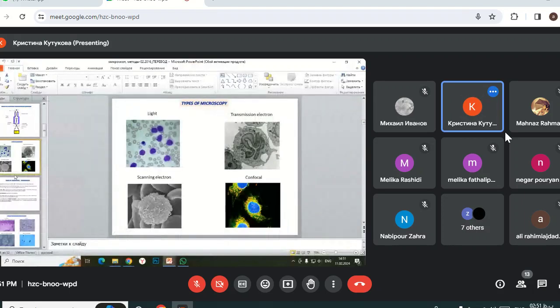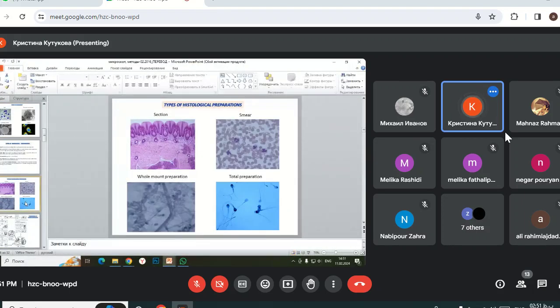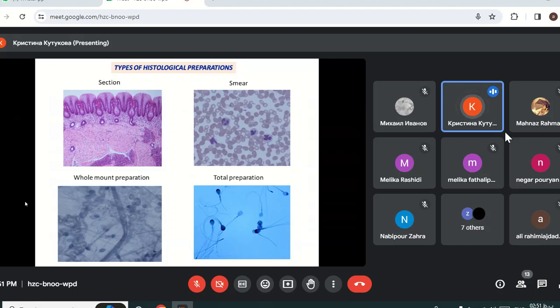And next, types of histological preparations. You just have to learn these pictures because you are not familiar yet with these particular specimens, but maybe you have seen before the smear of blood. Maybe if you have had some medical lessons before.